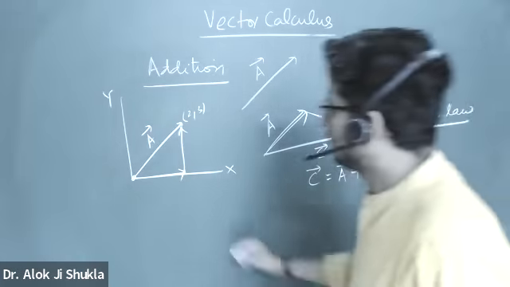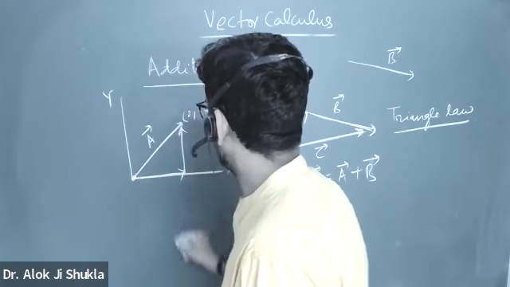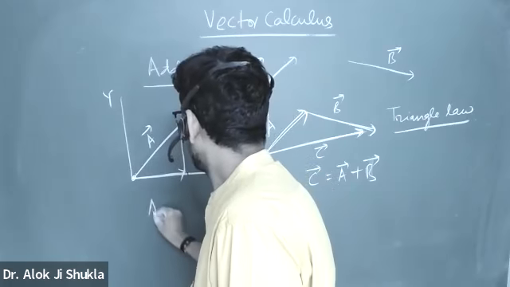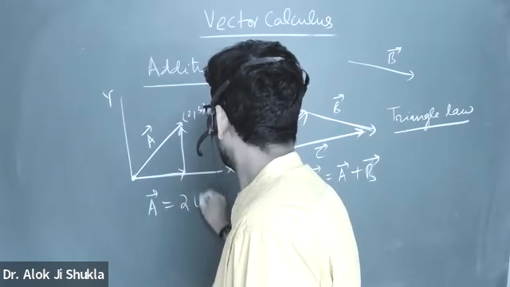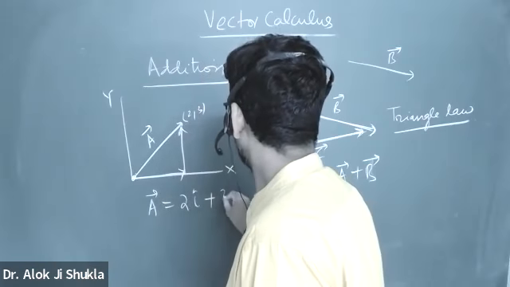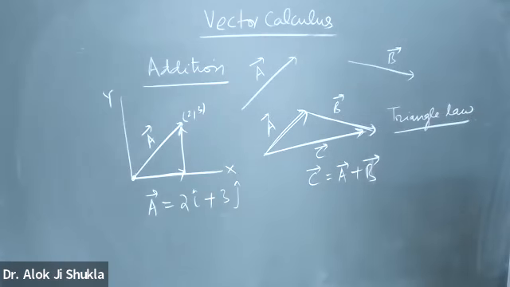So here also you have a vector, tail to head is equal to tail to head. So A vector will be equal to x is what? 2 times i cap, y is what? 3 times j cap. So this is the vector A, and this is the triangle law. Got it?